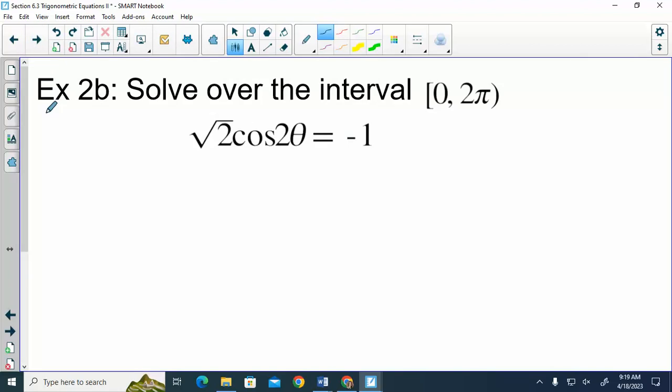I'm going to try 1 or 2 more for today, and then we'll pick up tomorrow and continue on.